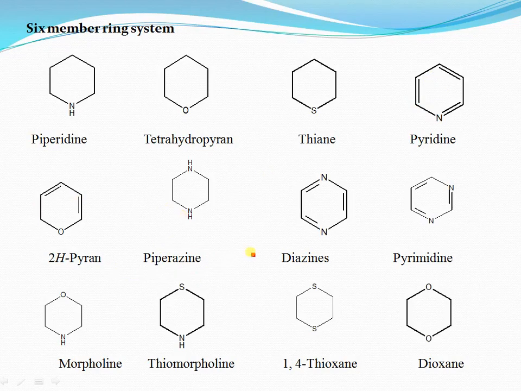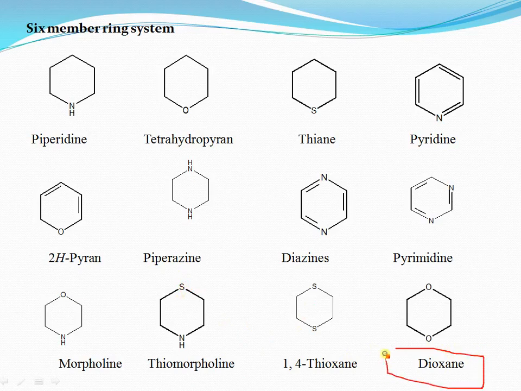It is saturated. Diazines. Dia means this 1,4-diazine. Pyrimidine. It is 1,3 fully unsaturated. Morpholine containing nitrogen and oxygen. It is saturation. Thiomorpholine. Oxygen is replaced with sulfur. 1,4-thioxane.